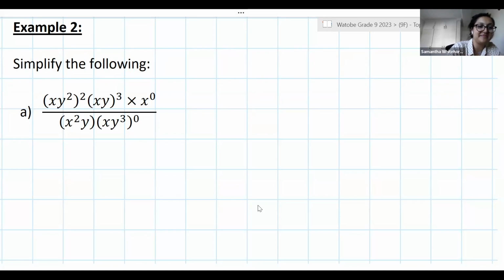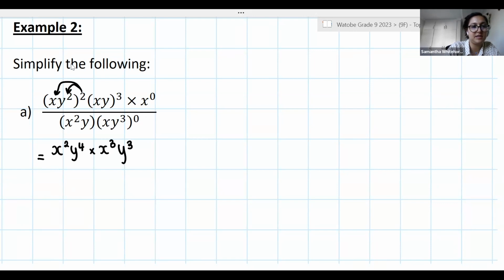So first of all, it's going to be x to the power of 2, y to the power of 4. Good. Then it's going to be x to the power of 3, y to the power of 3. Perfect. And I'm not sure about this part, but I think it's just going to be like x or just 1.